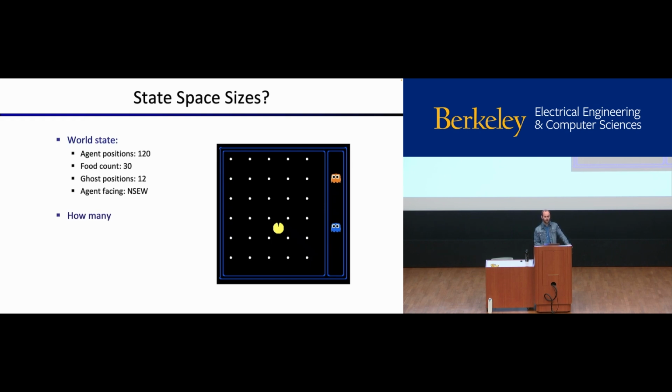So how many total states are there going to be here? Yeah, you can express it as an equation rather than a number. Yep, multiply all the possibilities. And there's one that isn't just multiply. So it's not just 120 times 30 times 12 times 4. One of the terms is different.